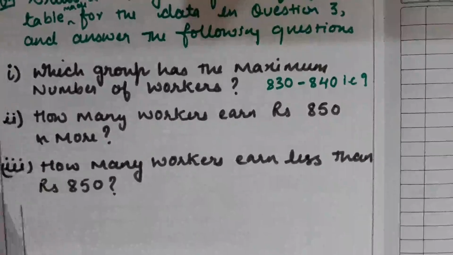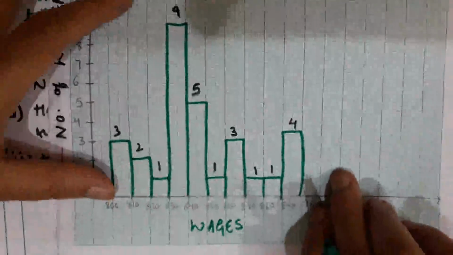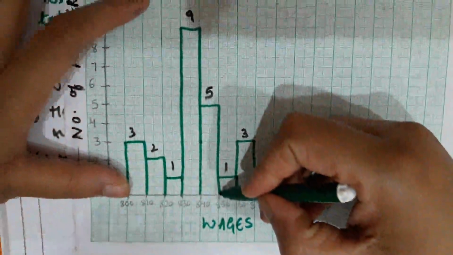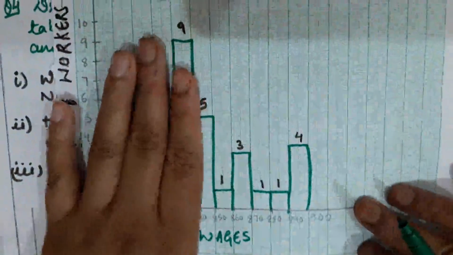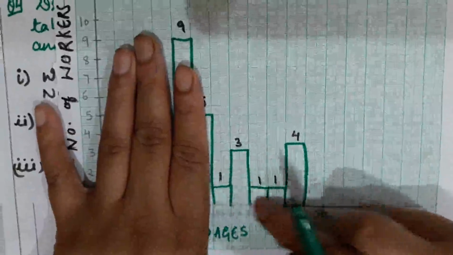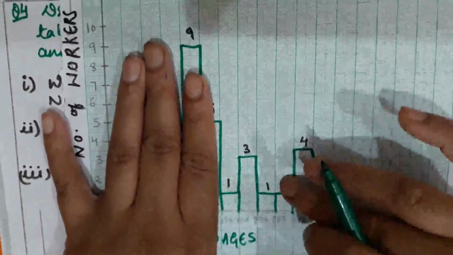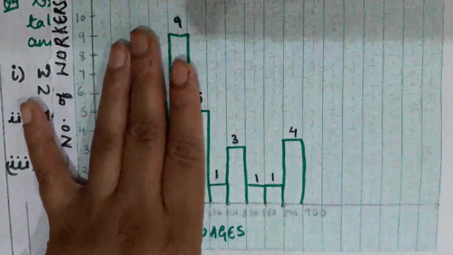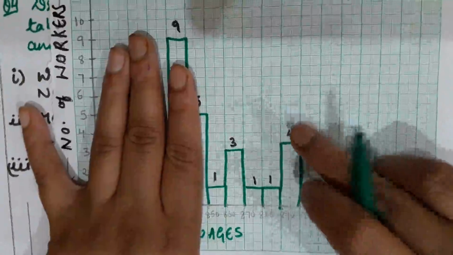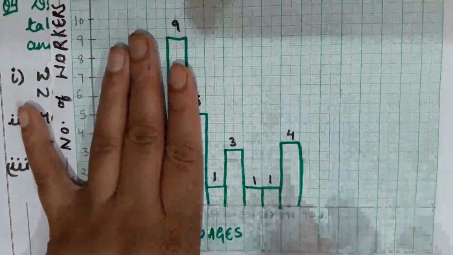850 and more. Again see, 850 is here. Hide this portion of the bar graph, and the part of the histogram from 850 onward represents those workers.